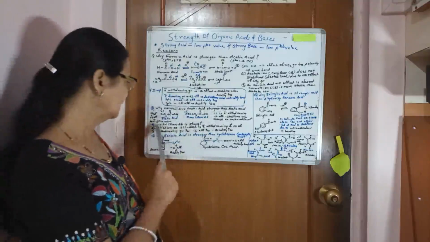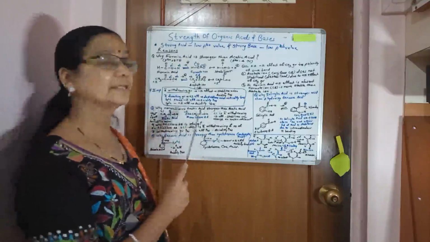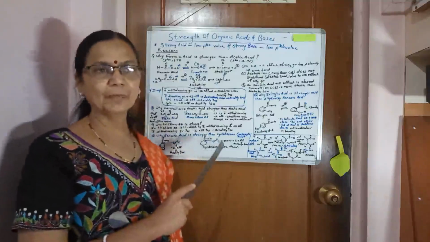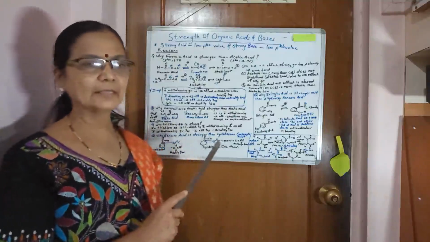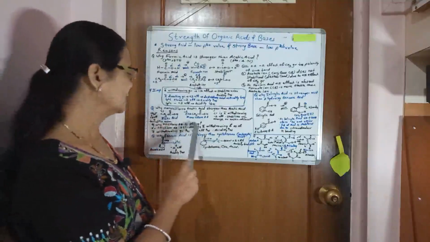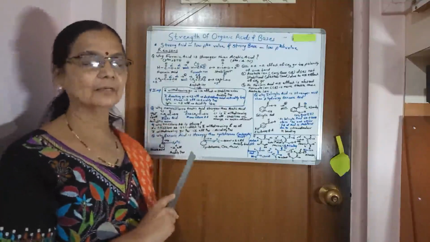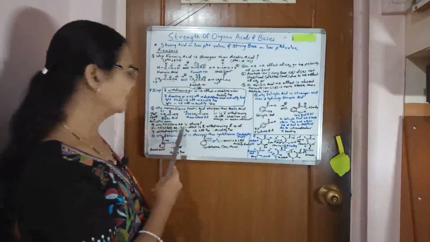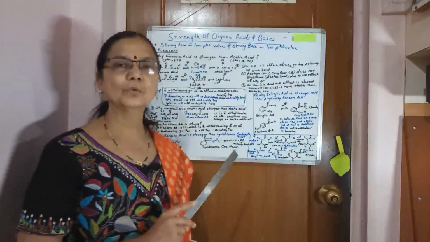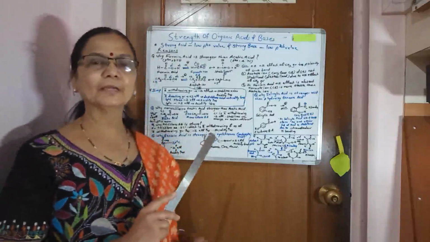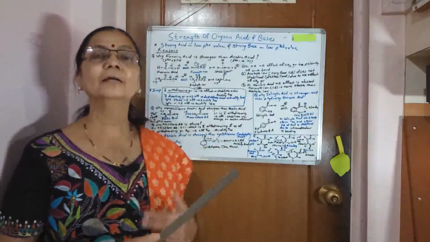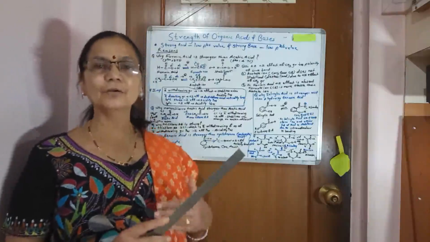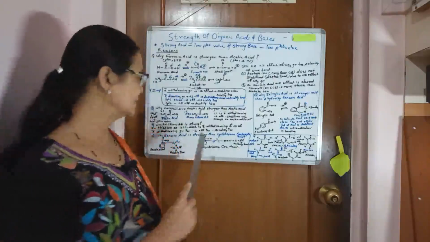Now, another reason why trichloroacetic acid is strong, whenever we compare it with monochloroacetic acid or acetic acid. Trichloroacetic acid is always a stronger acid, because in monochloroacetic acid only one chlorine is there, but in trichloroacetic acid there are 3 chlorine groups, means the electron withdrawing effect will increase.